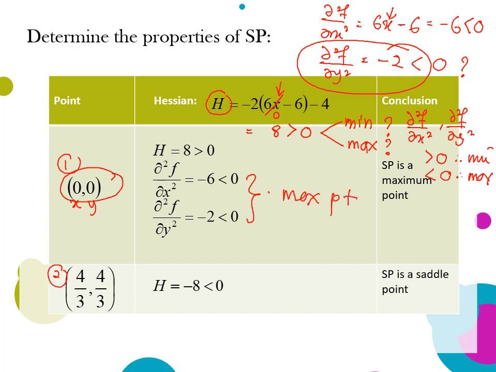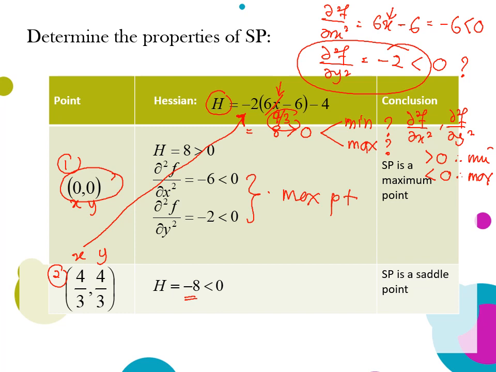Alright. Once you are done with the first stationary point 0, 0, proceed to the second stationary point, which is 4 over 3, 4 over 3. So your x is 4 over 3, your y is also 4 over 3. So substitute this into the Hessian that you found at first. Replace 4 over 3 for your x, and then you will get your Hessian equal to minus 8.